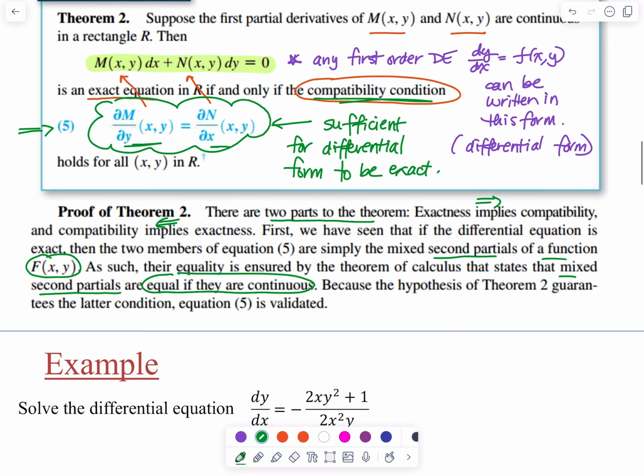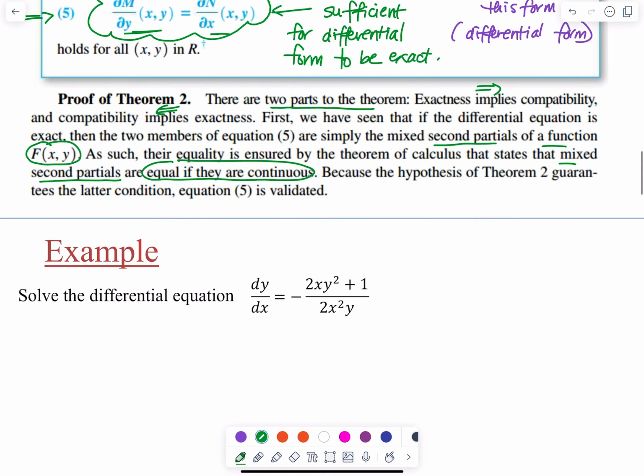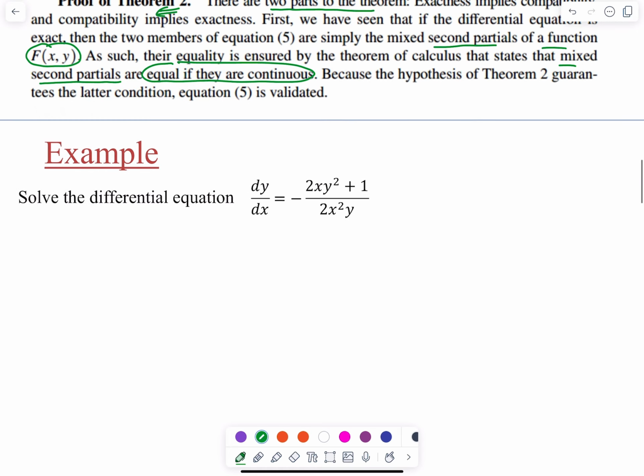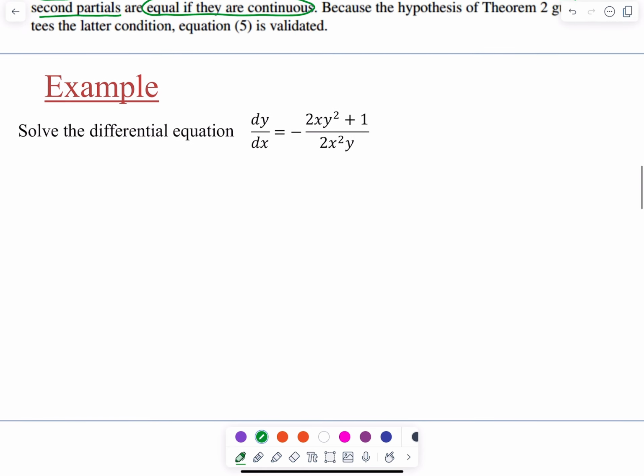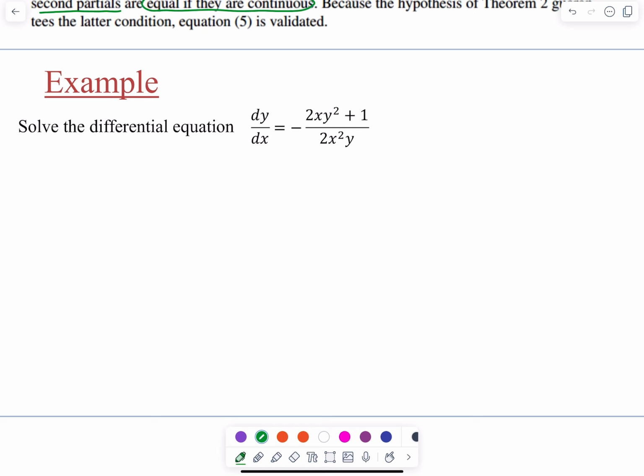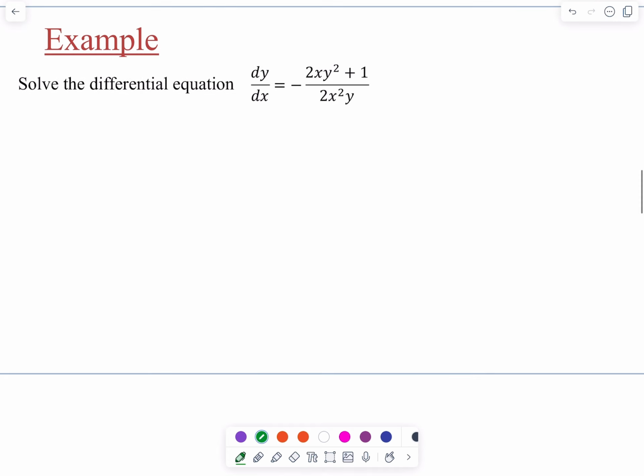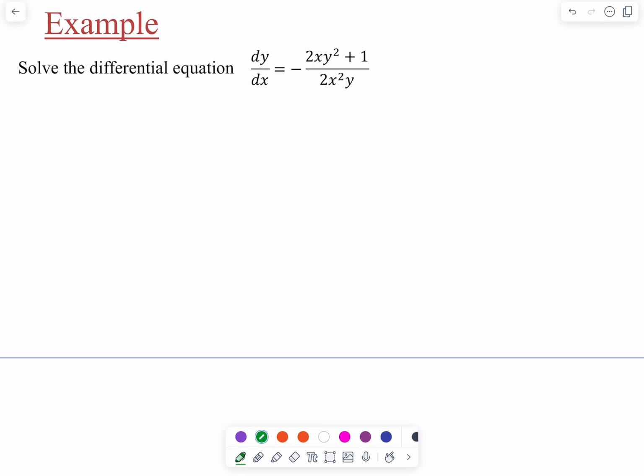You know what? Let's jump right in and just try to solve this differential equation. dy/dx is equal to the opposite of (2xy squared plus 1) divided by 2x squared y.